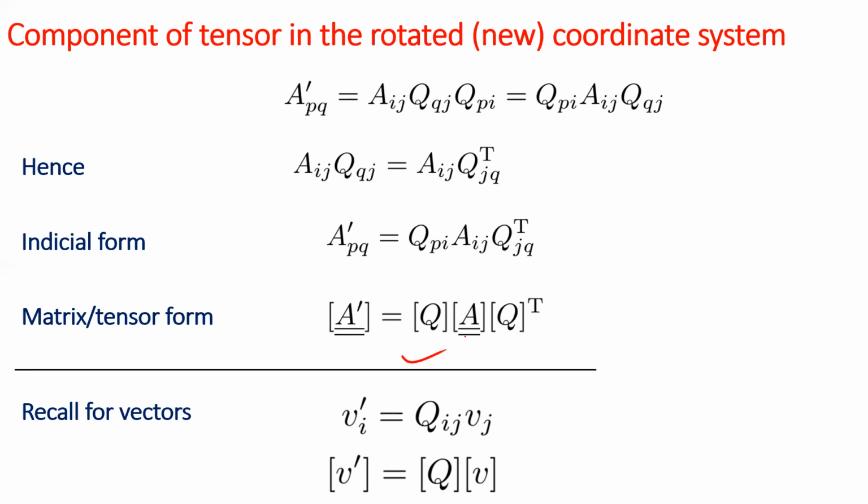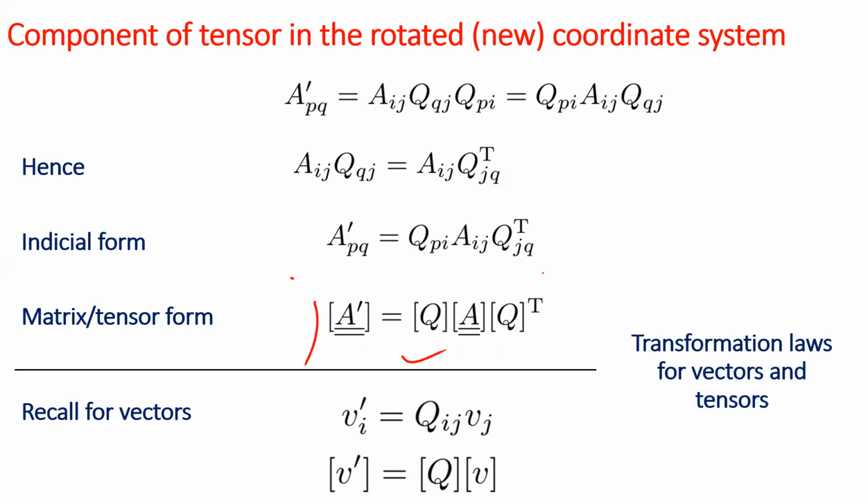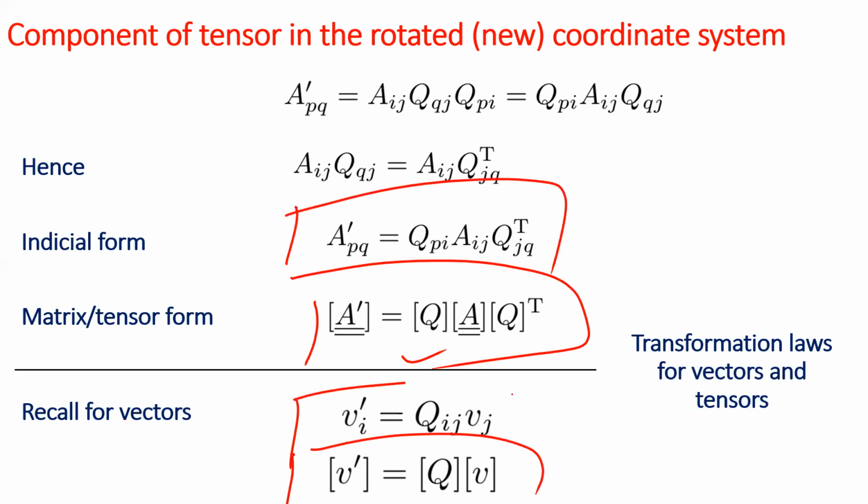All right. So essentially, whatever is shown in this slide, or rather this one and the last one, or the corresponding index notations, are called the transformation laws for vectors and tensors. Transformation with respect to a rotated coordinate system; transformation of the components, to be specific. We are identifying what the components of the vector or the tensor are in the rotated coordinate system.